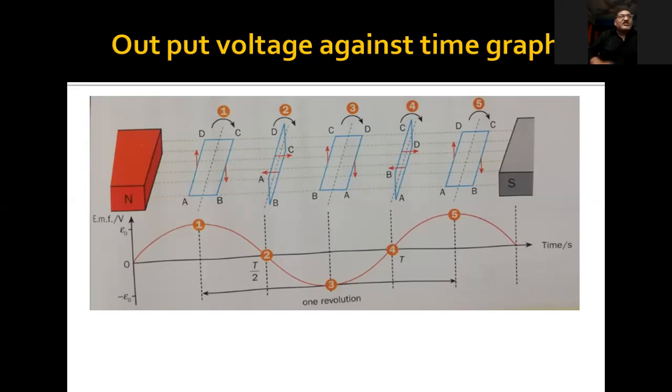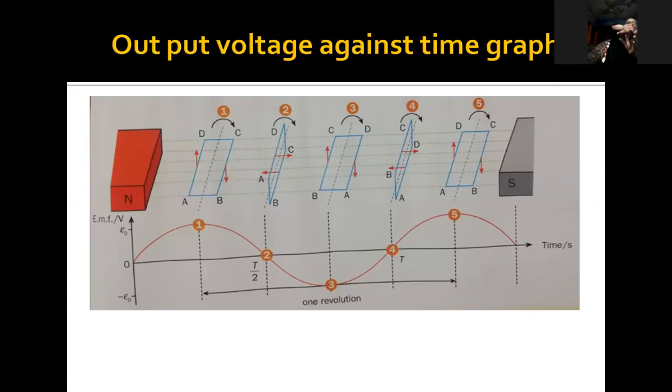Okay, so in this third position, let's apply Fleming's right hand rule on the AD side. So this is your right hand. Stretch the fingers of your right hand. This is the motion. The AD in the third diagram is going downward. The thumb is in the direction of the motion of the conductor, so downward.